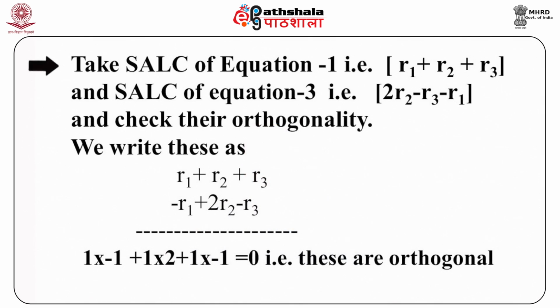Take the SALC of equation 1, that is R1 plus R2 plus R3, and the SALC of equation 3, that is 2R2 minus R3 minus R1, and let us check their orthogonality as shown here: R1 plus R2 plus R3, and below I am writing minus R1 plus 2R2 minus R3, and if we add these together we get 0. It means these SALCs given by equation 1 and equation 3 are orthogonal to each other.